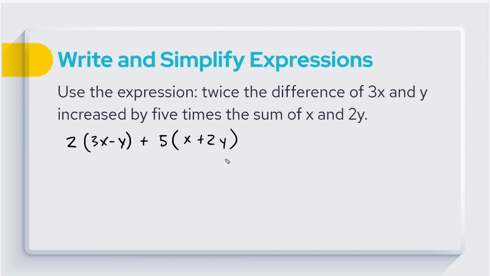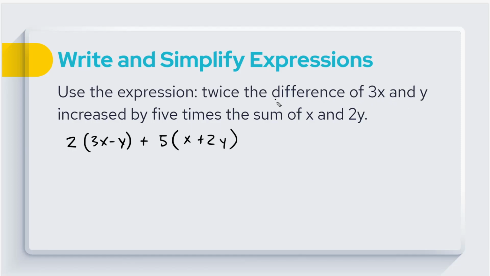Did everyone follow that? How did I get to that? Twice the difference. I know that this is a grouping because we're talking about the difference of 3x and y. And it doesn't say like 2 times 3x minus y.